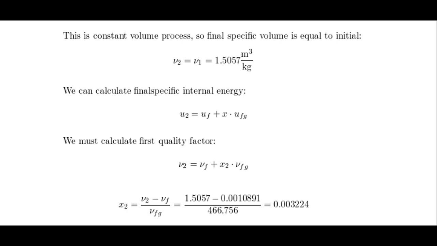So the final specific volume is V sub 2 equal to V sub 1, or is equal to 1.5057 cubic meter per kilogram. So now we can calculate the final specific internal energy with this formula. But first, we must calculate the final quality factor.